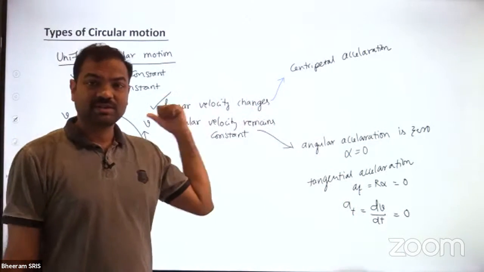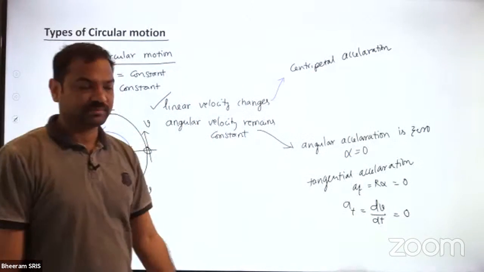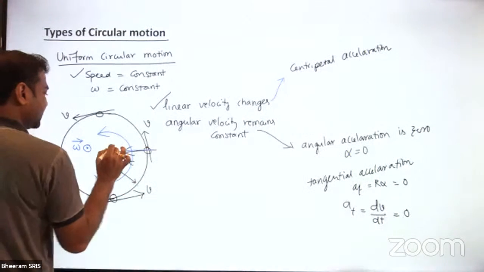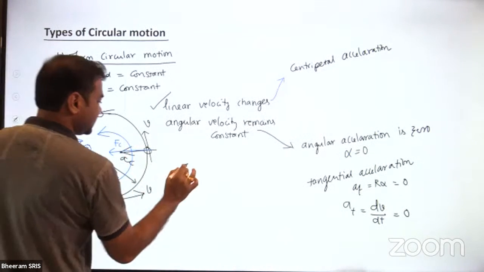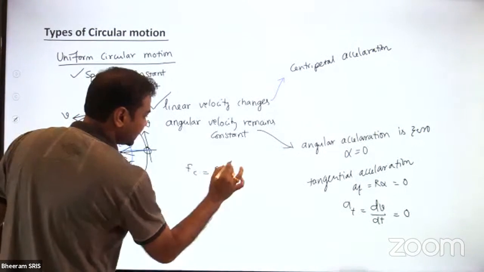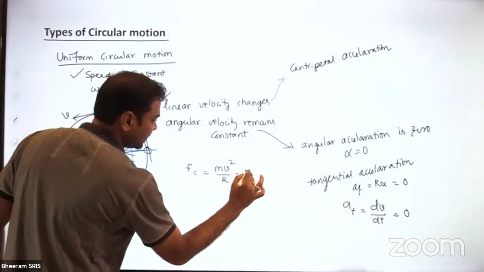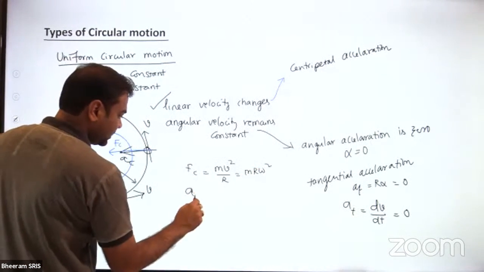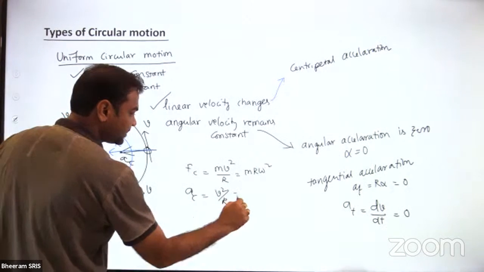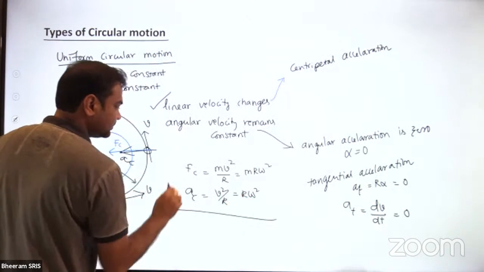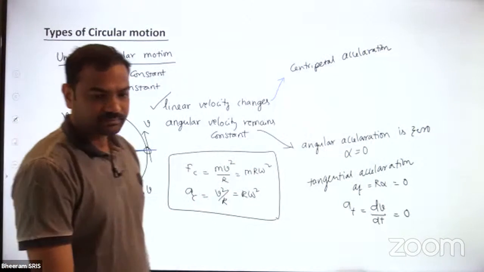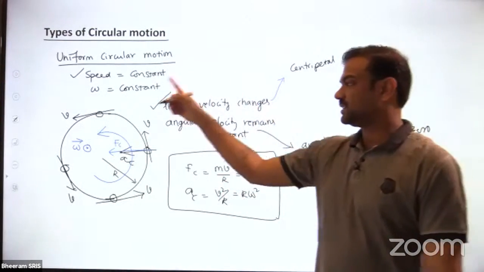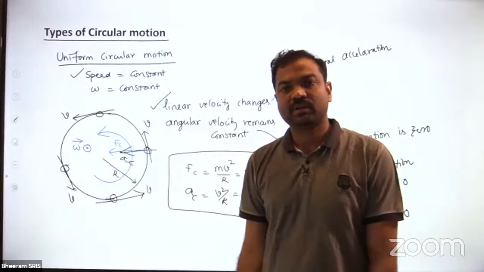But because linear velocity changes, you get the centripetal acceleration, or you can say there is centripetal force, which is mv square by r, equal to m r omega square. Centripetal acceleration is v square by r, which is r omega square. That's called uniform circular motion. Clear? When tangential acceleration is 0, we call the circular motion uniform circular motion.